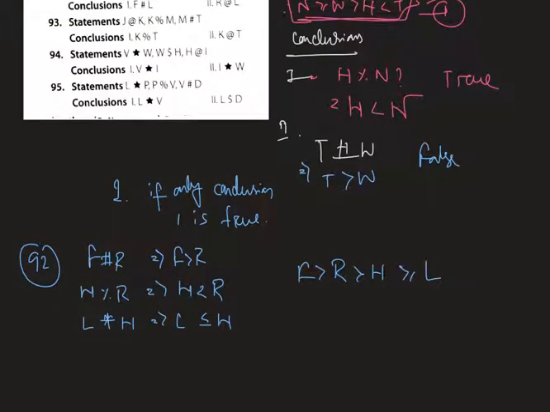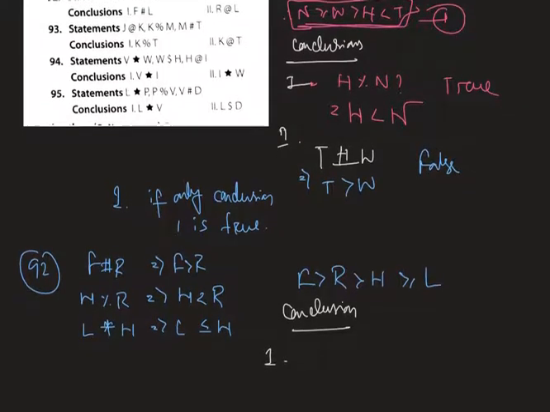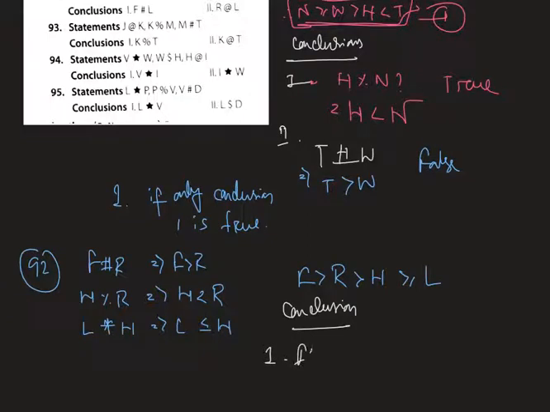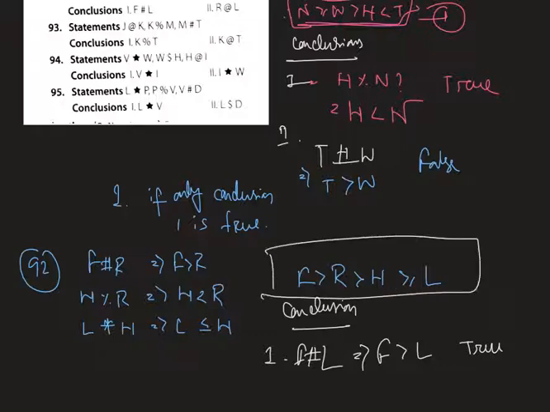Now, conclusion 1 is F hashtag L. This implies that F is strictly greater than L, and which is true from this inequality.